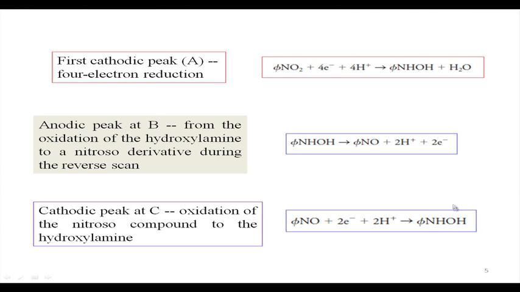So NO and NHOH, that means nitrosobenzene and the hydroxylamine, are connected by the same number of electron and proton transfers and they are reversible in nature. So, next day we will continue from here on how we can apply these two things for some applications. Okay, thank you very much.